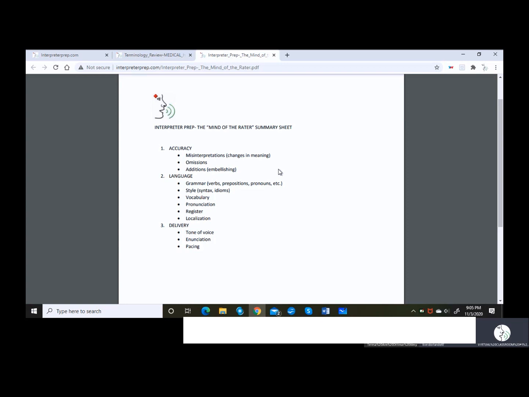Sometimes this happens, the change in meaning. It could be because a person is just not proficient enough in both languages to do a good job interpreting. They don't quite understand English or Spanish or whatever language they are interpreting.